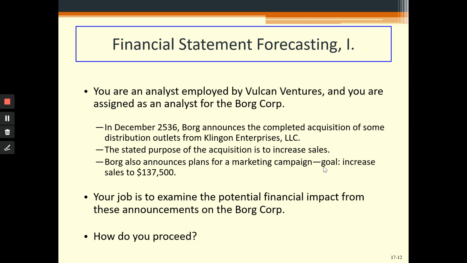And the main purpose over here, and even the name of this chapter says so, is about forecasting: we want to forecast that, okay, if this is the situation, what will happen in the future.